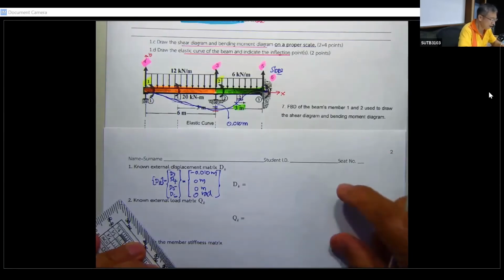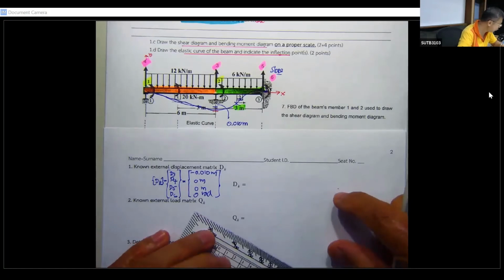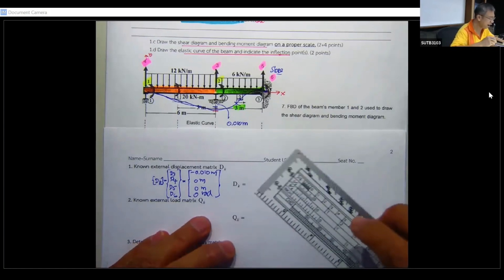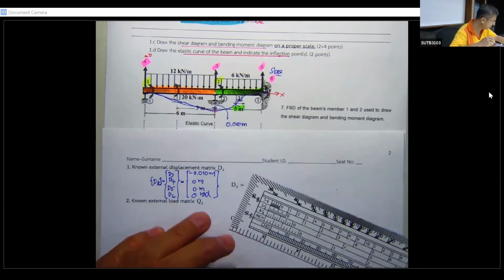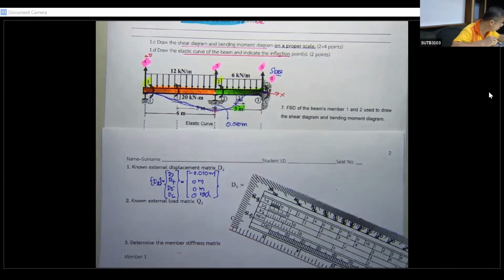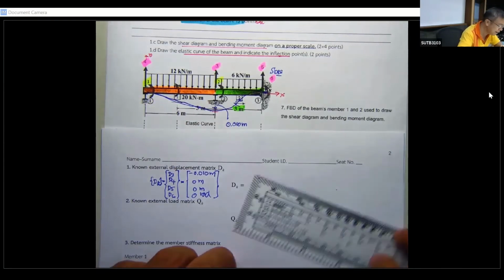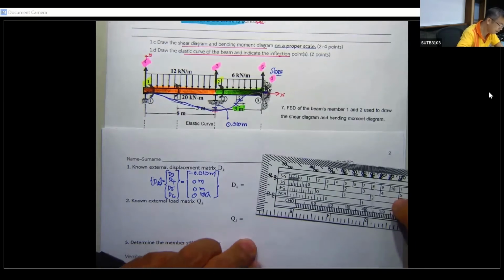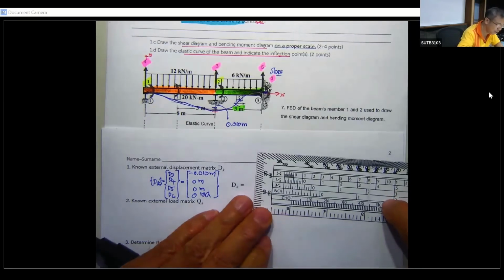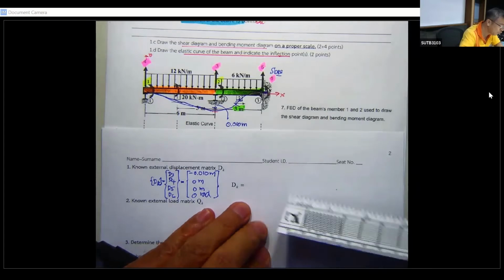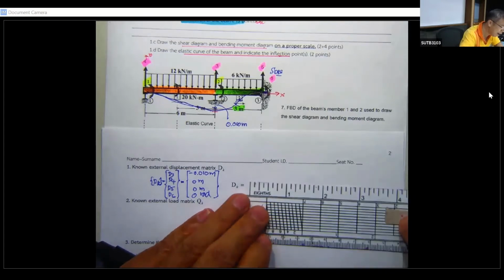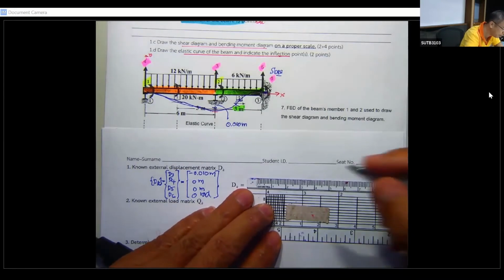And then the beam that we are looking at, beam number 1, is going to be subjected to a complicated load because it has both uniformly distributed load and a concentrated load. Let me work over here in order for us to have space to work on it. Let me scale the portion.